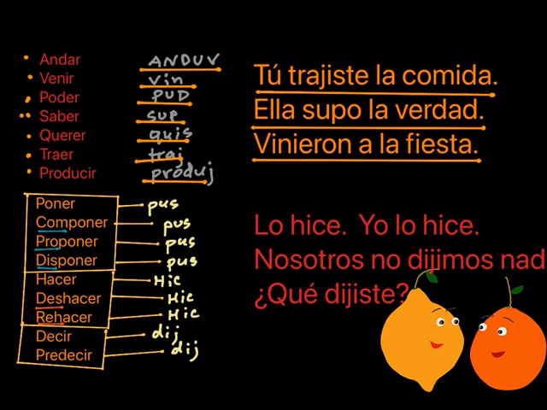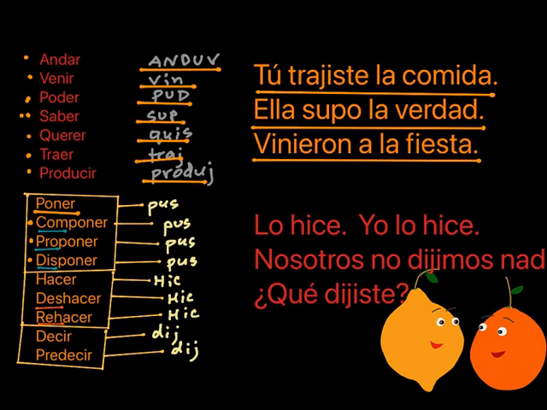What I wanted to point out here is that many times what looks like many irregular verbs, actually it's one. Let's take, for example, the verb poner, which means to put, to place. So you have here componer, you have here proponer, you have here disponer. Looks like there are 4 different verbs.